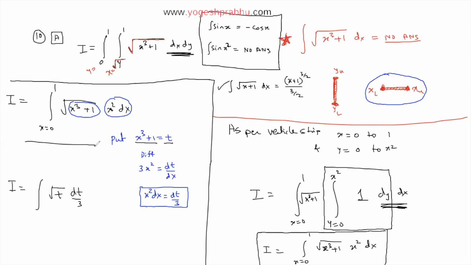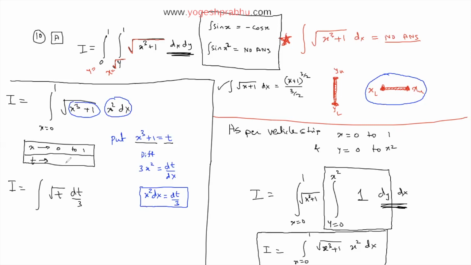Yes. But do you know that we have to change the limits also? x was going from 0 to 1. Then t will go from, put x as 0 here, t is 1.